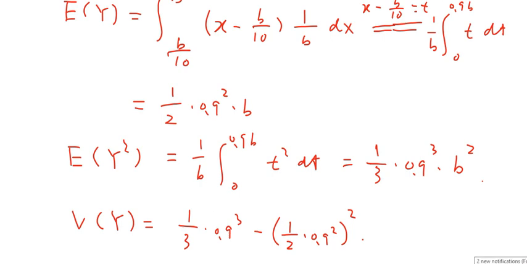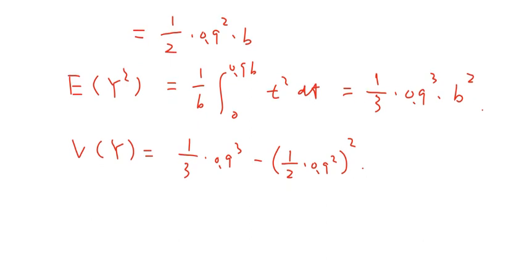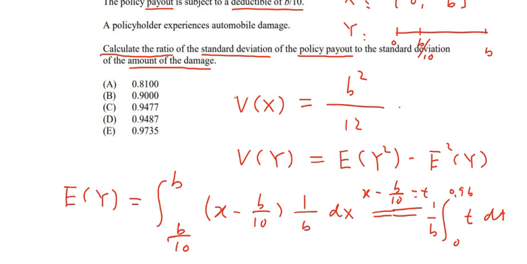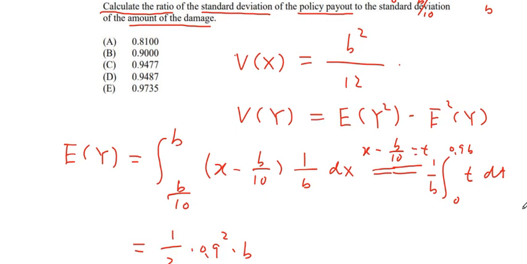So the ratio is Vy over Vx, then take the square root, because this is a standard deviation.